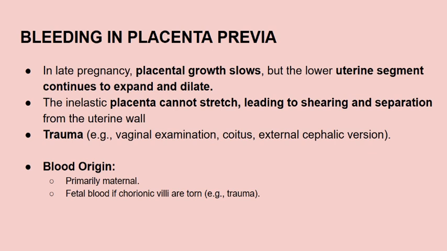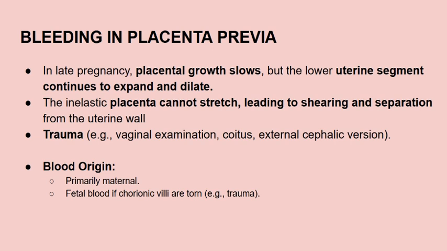We know the term well-developed lower segment. The lower segment is actually meant to thin out and widen as pregnancy approaches term. So because of this differential in growth, the lower uterine segment can stretch and lead to some shearing and separation of the placenta from the uterine wall.